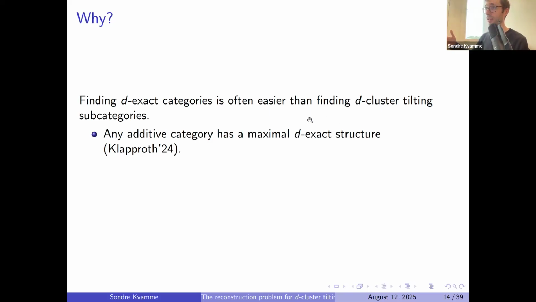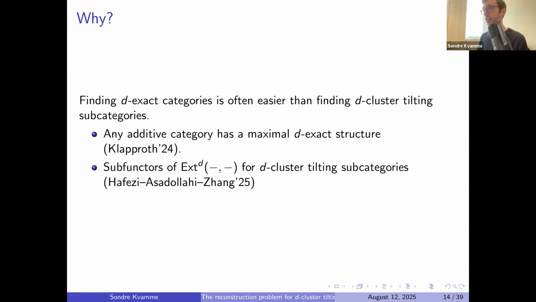So then you can combine that with my result to get that any weakly idempotent complete additive category can be considered as a D-cluster tilting subcategory in an exact category in a way that takes into account as much of the D-exact structure that you can consider.